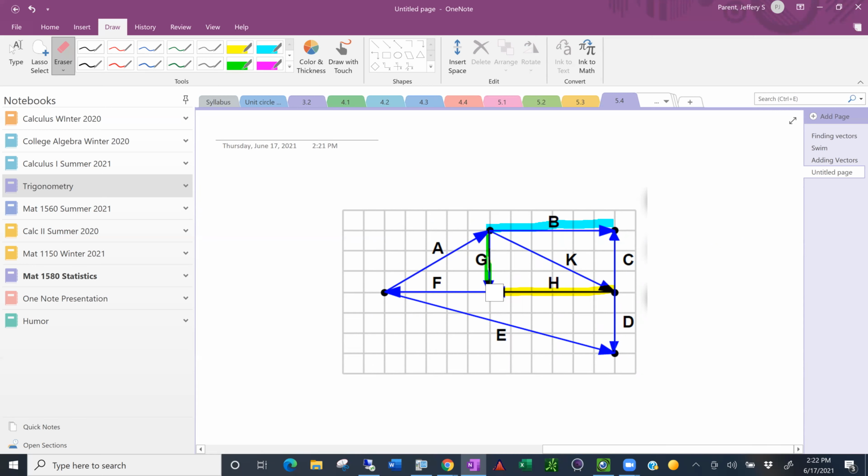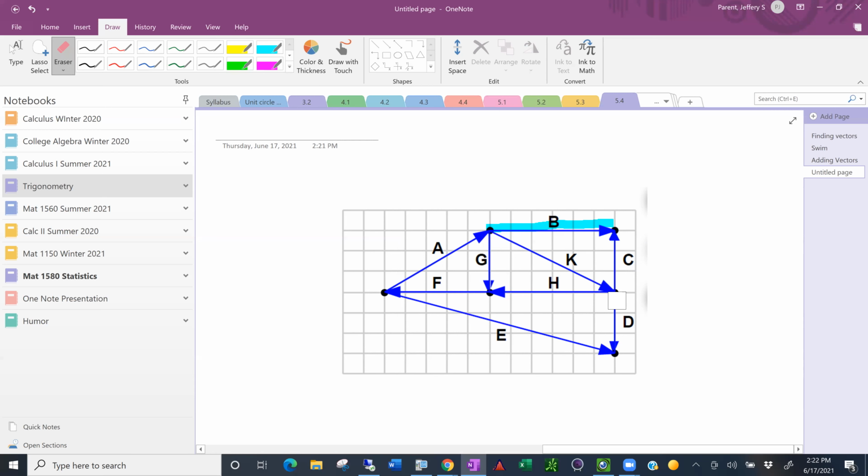In fact, what we can do is put in some numbers here. So if we started at this point, then G would be the vector 0, -3.